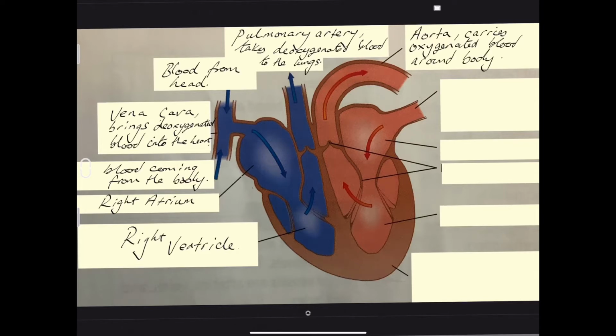What's important is that the aorta, because it's carrying blood away from the heart, is an artery. Now, based on what I just spoke about with the pulmonary artery, you should be able to understand why this is the pulmonary vein.